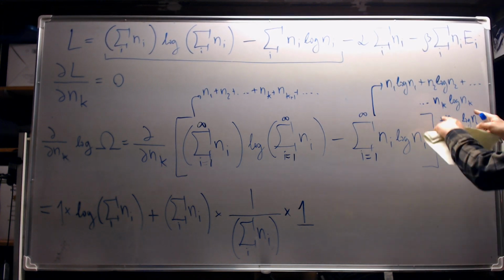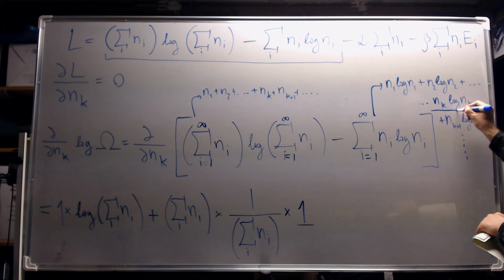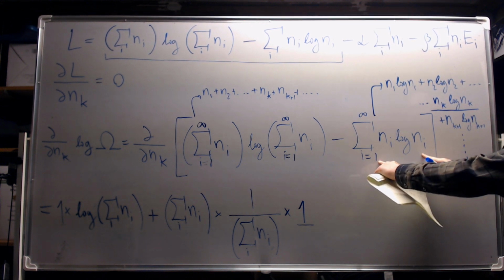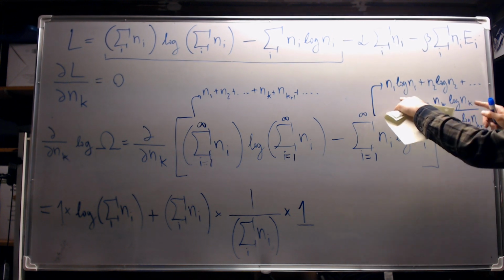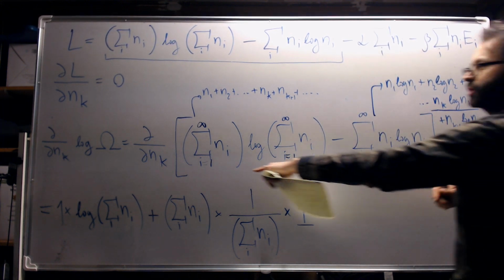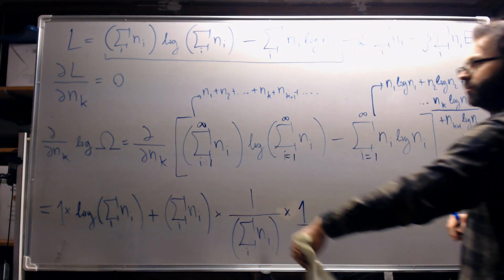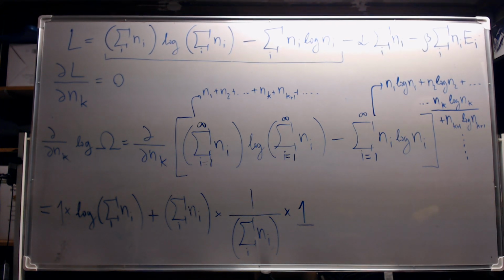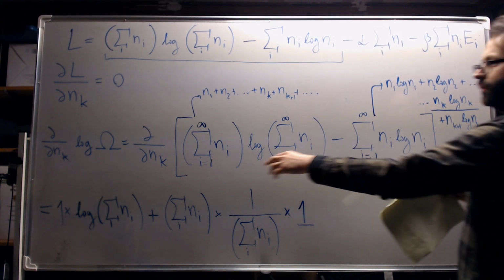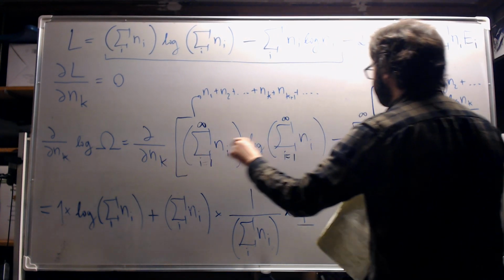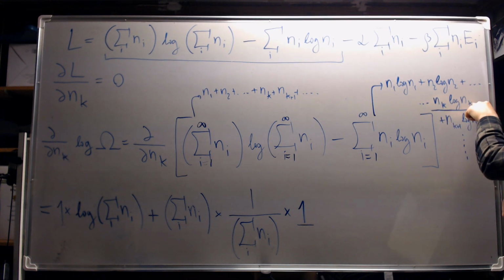And so once again, there will only be a single term in the sum that has n sub k in it. All the other derivatives of these guys with respect to n sub k are going to be 0 because they don't depend on n sub k. And so the only term that survives is n sub k times log n sub k.